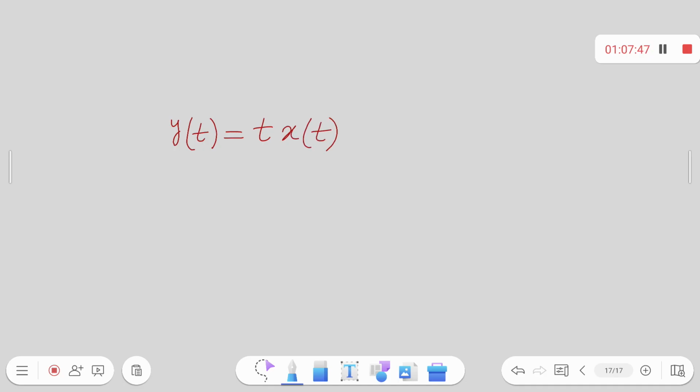You have noticed this system, y of t is equal to t times x of t. So what will be the impulse response of the system? Can you tell me the impulse response of the system?